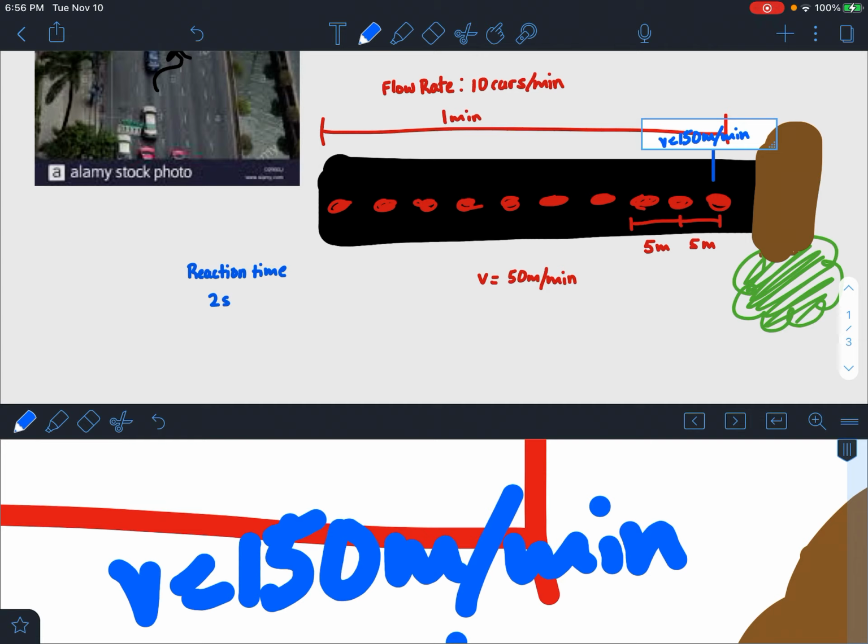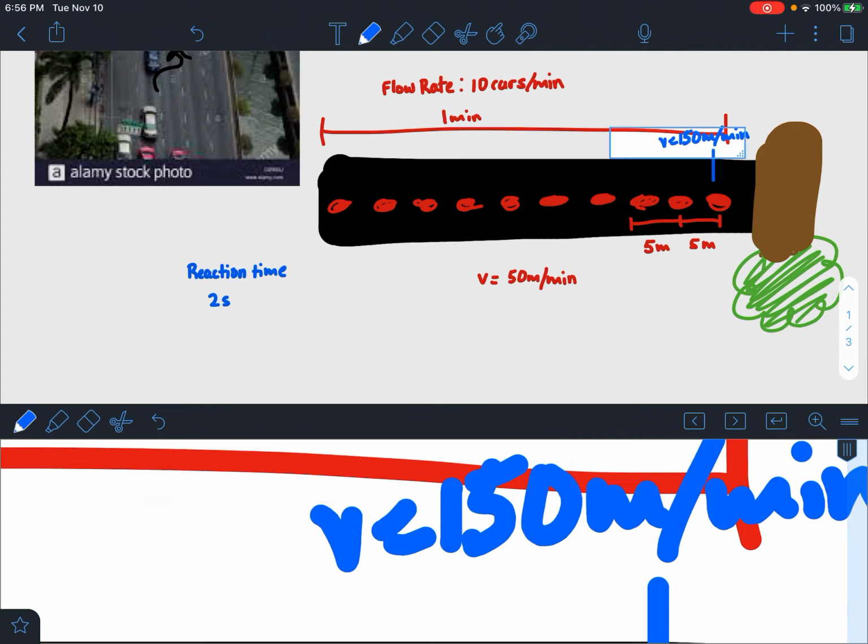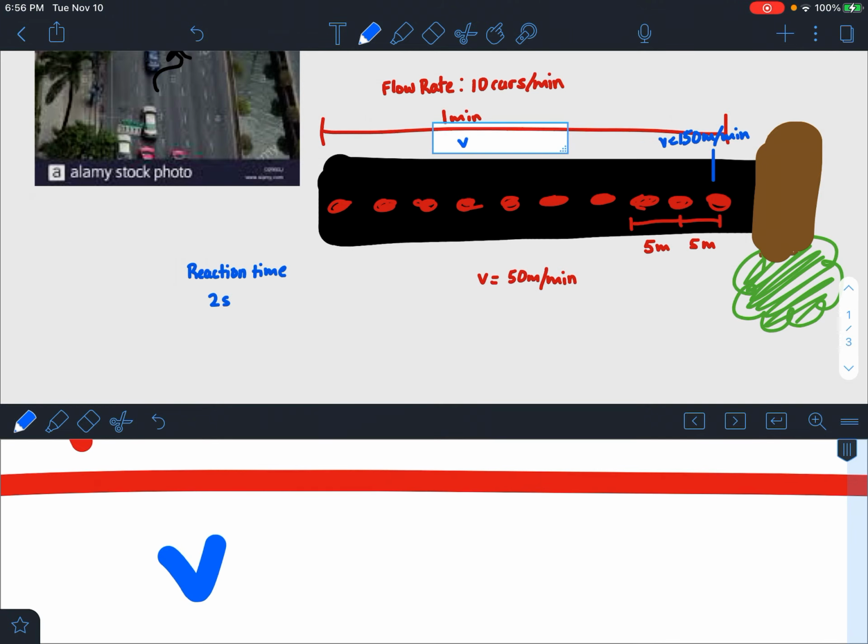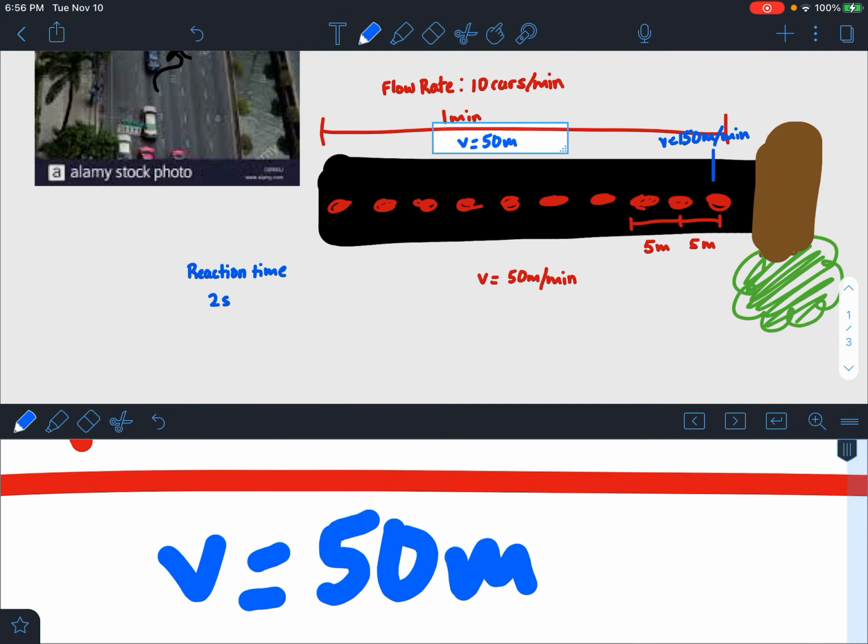We are assuming right there that it's 100 meters per minute, 150 meters per minute. Basically, we're going to keep that 50 meters per minute of when those cars keep coming. So 50 meters per minute of when those cars keep going.